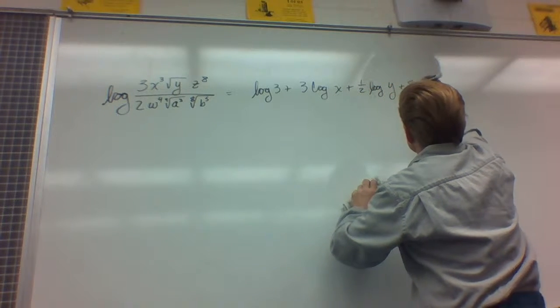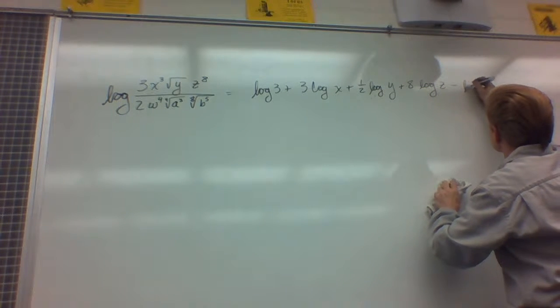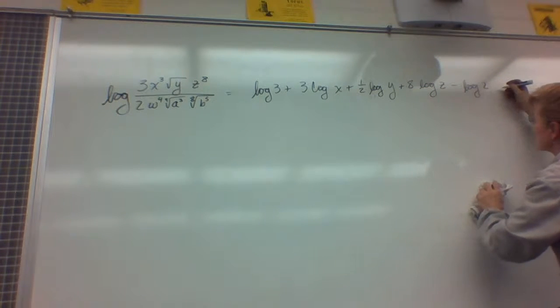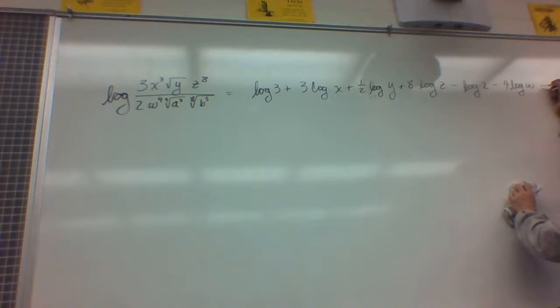Plus 8 log z minus log 2 minus 4 log w minus 3/4 log a minus 5/8 log b. That wasn't too hard, right?